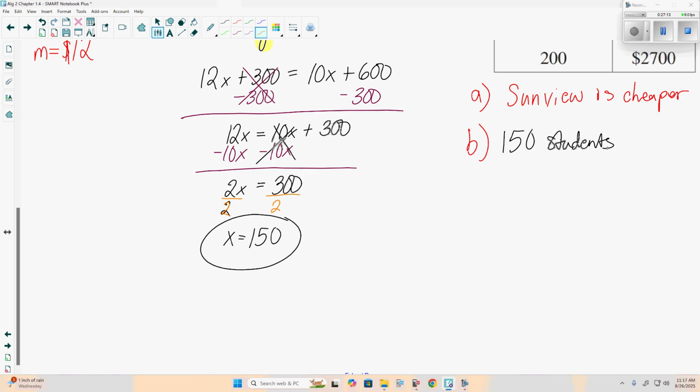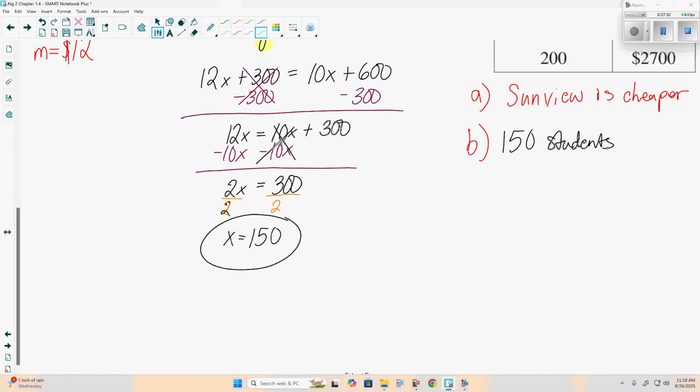It doesn't ask this, but if there were 150 students going to this prom, does it matter which one we pick? Purely financially, if we're talking purely money. No, because they both cost the same, yes?